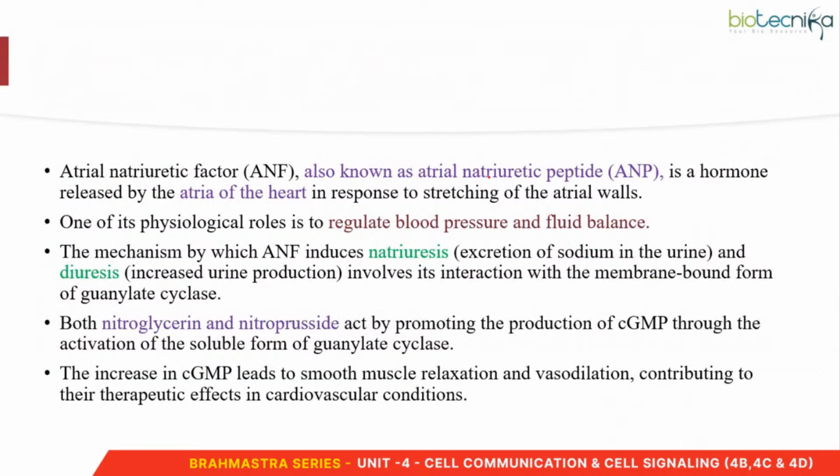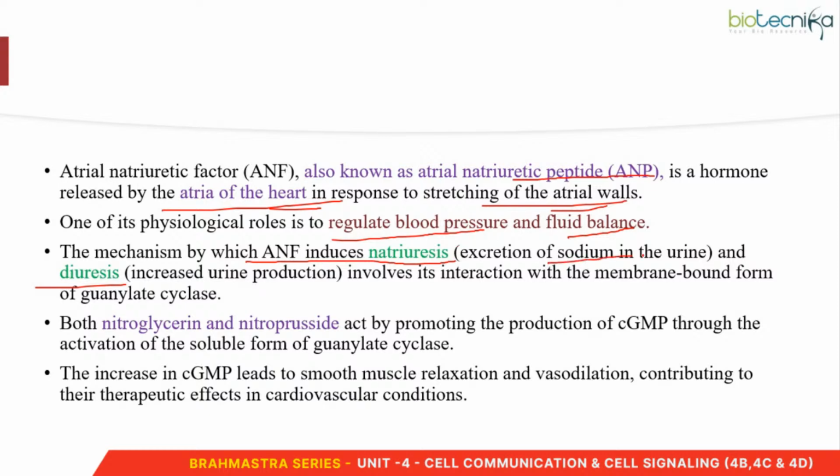So basically ANF, otherwise known as ANP, is a polypeptide hormone released by the heart in response to stretching of the arterial walls. Its function is regulating blood pressure and fluid balance. So the mechanism by which ANF induces natriuresis and diuresis. What is the basic difference between them?